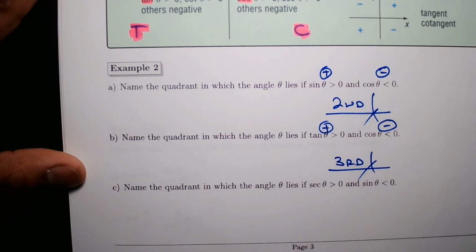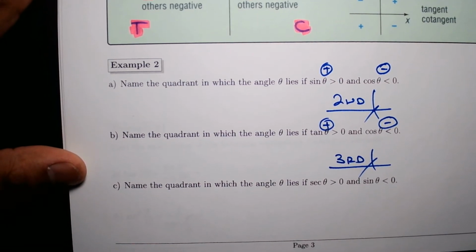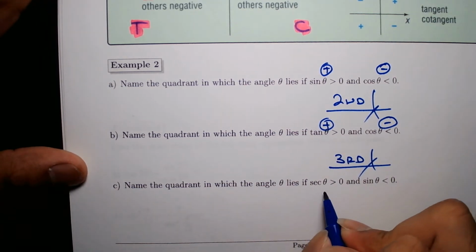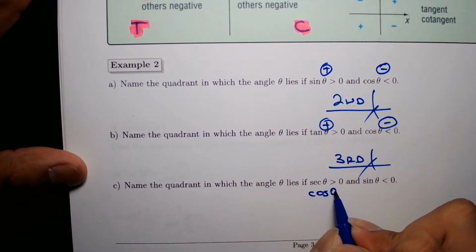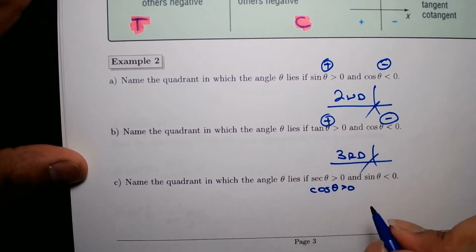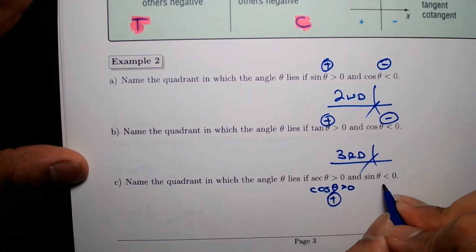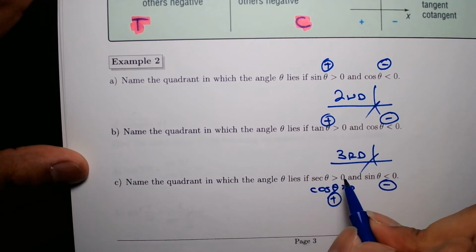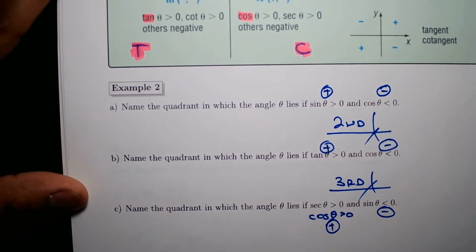And last but not least, name a quadrant in which secant is positive and sine is negative. Another way to say this is that cosine is positive, since they are inverses of each other. So we want cosine positive and sine negative.